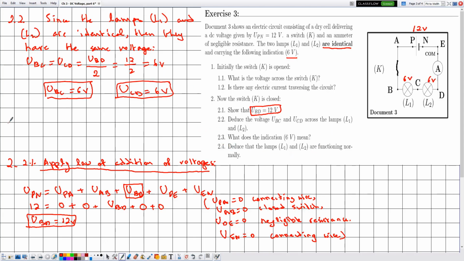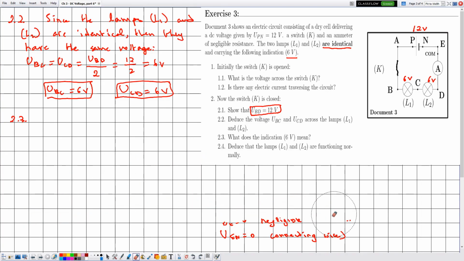Now in 2.3 they are telling me what does the indication 6 volt mean. So the indication 6 volt is for the lamps L1 and L2.